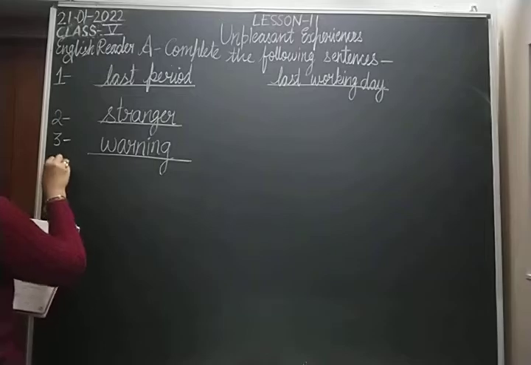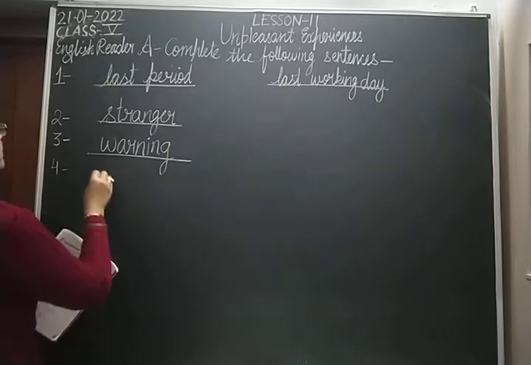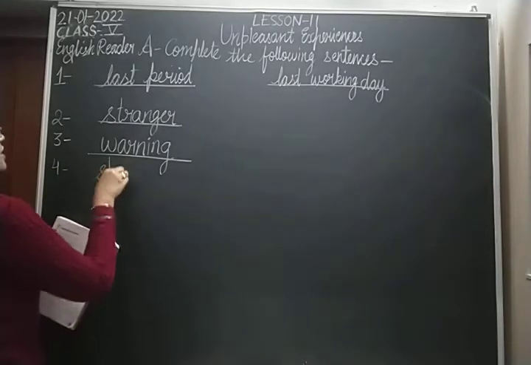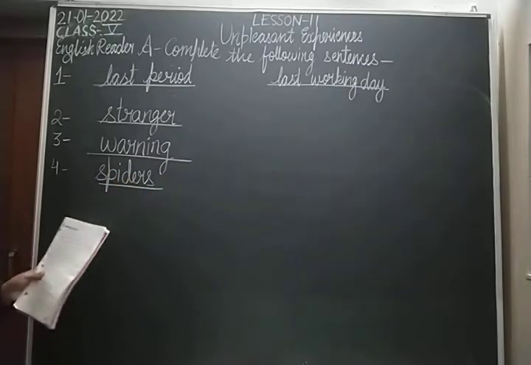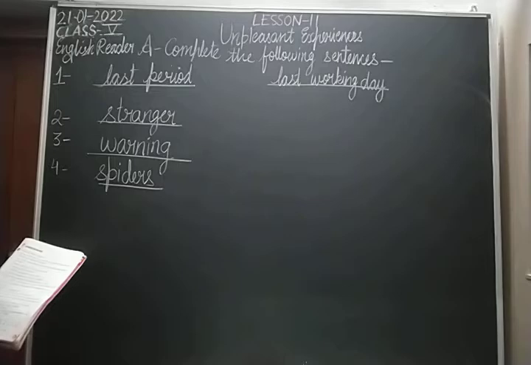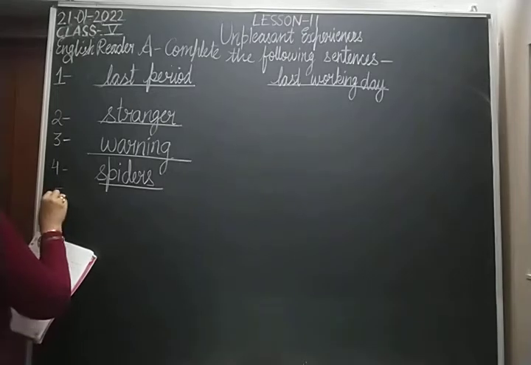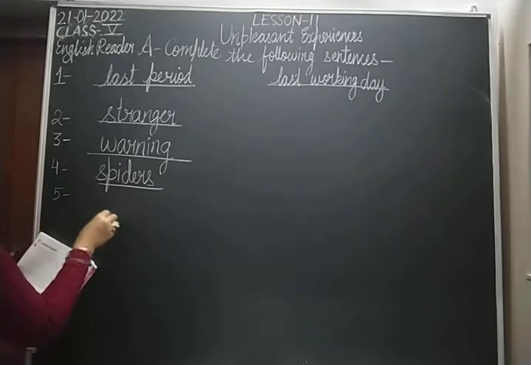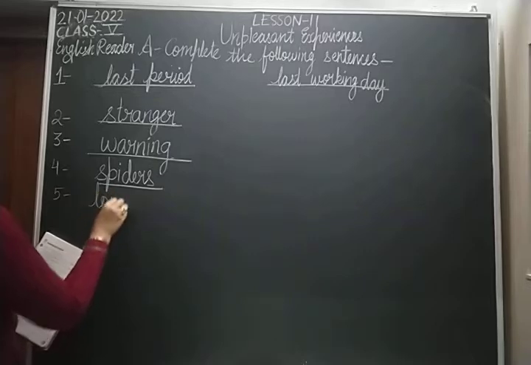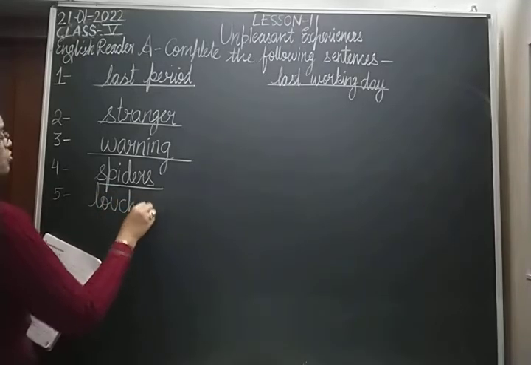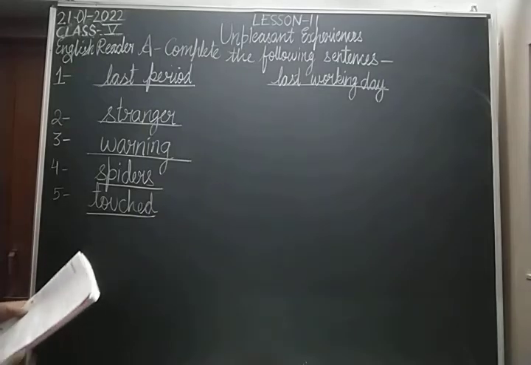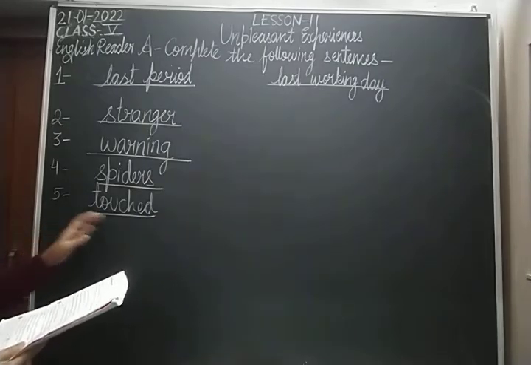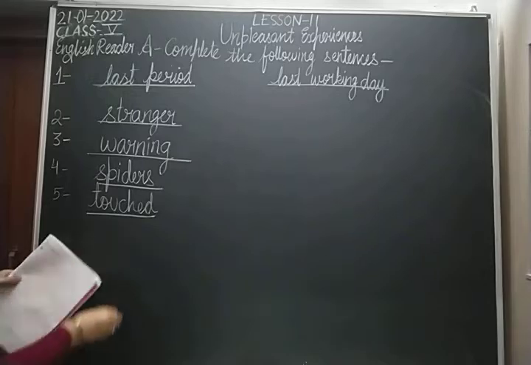Now the fourth one. Naman is scared of spiders. What is Naman scared of? Spiders. Write spiders in the fourth blank. Then fifth one. Shrey feels uncomfortable when touched. If someone touches Shrey, he feels very uncomfortable. Fine. So Shrey feels uncomfortable when touched.